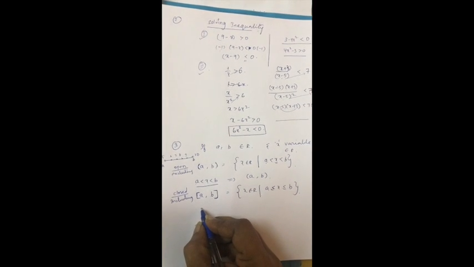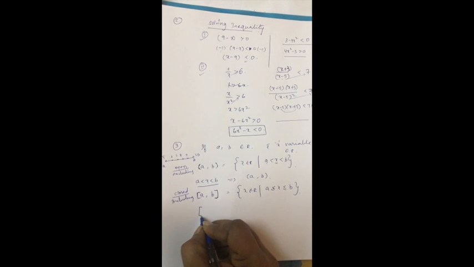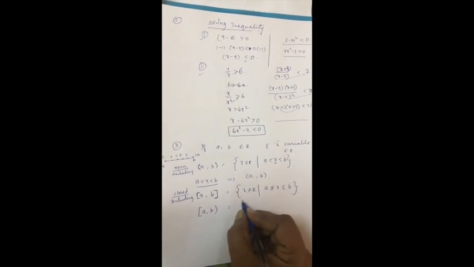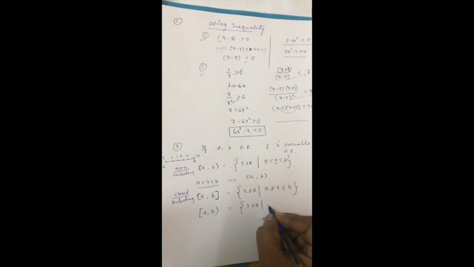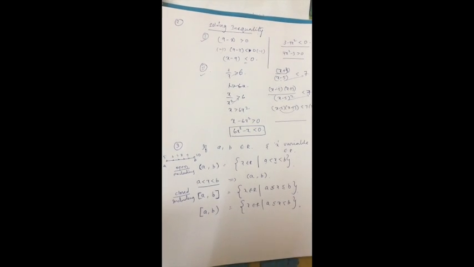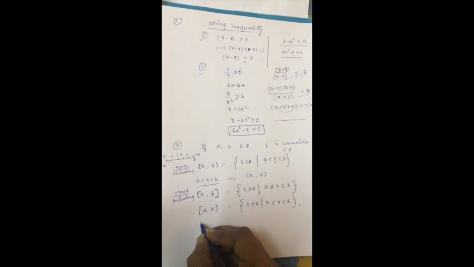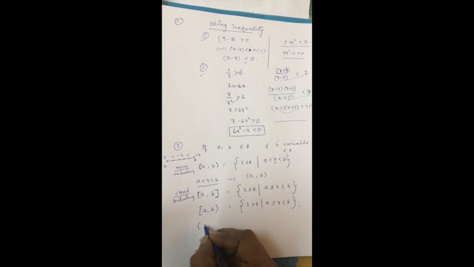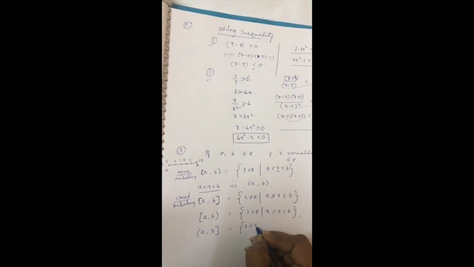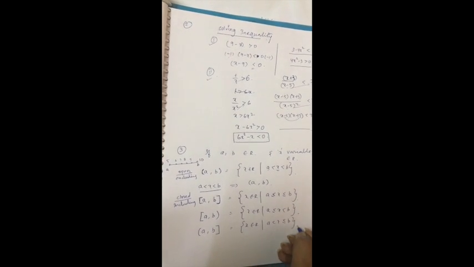Similarly, what does this mean? Including a and excluding b. Therefore, including a and excluding b. Alright. And what about this one? Including b and excluding a. Simple.